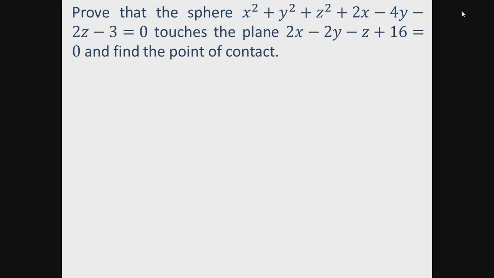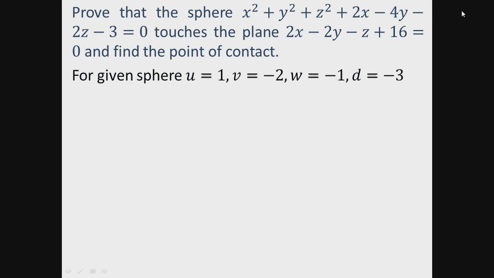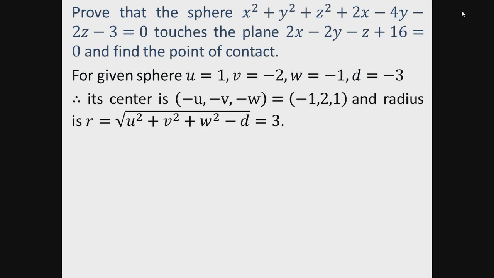So from that equation we get 2u is equal to 2, 2v is equal to minus 4, and 2w is equal to minus 2, and d is minus 3. Therefore the center of that sphere is minus u, minus v, minus w, that is minus 1, 2, 1, and the radius will be square root of u square plus v square plus w square minus d, and that comes out to be 3.